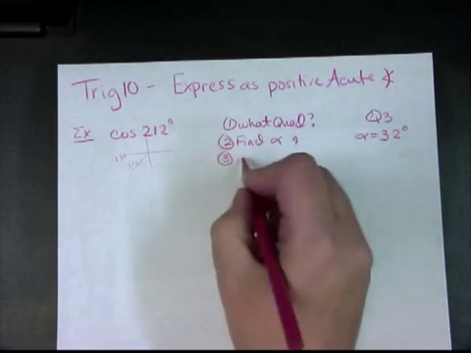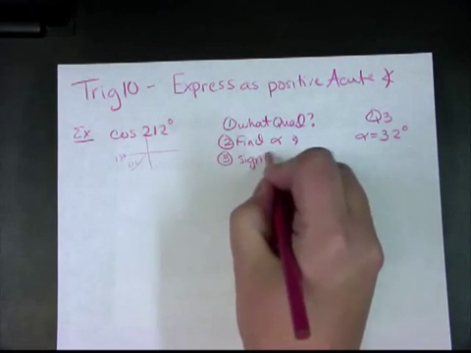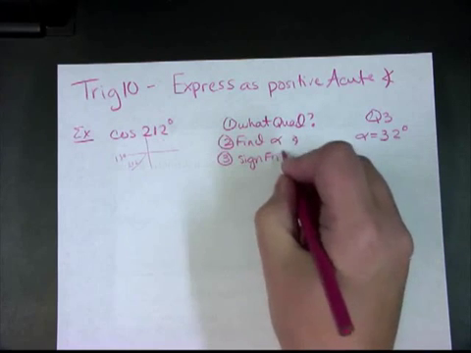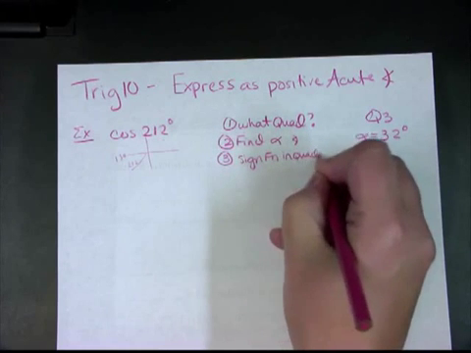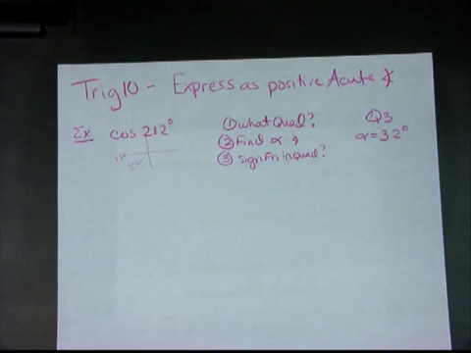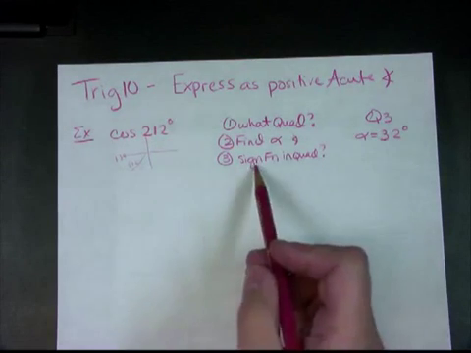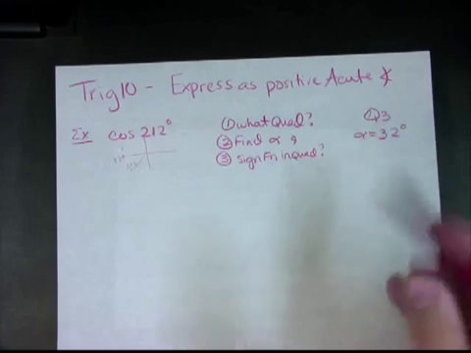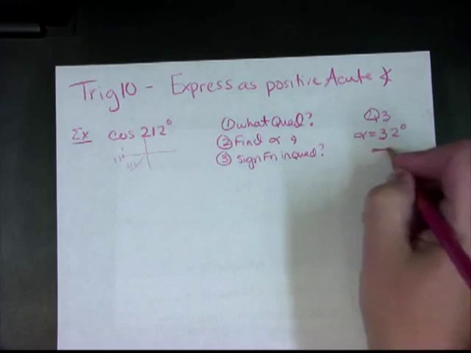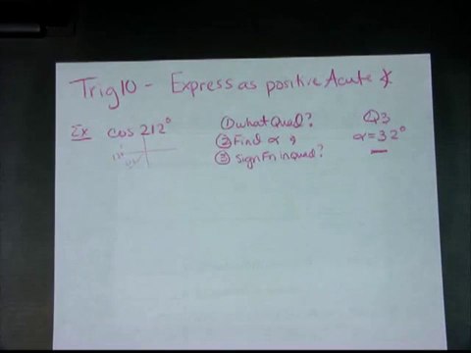Question number 3: what's the sign of the function in that quadrant? When I look at cosine in quadrant 3, I know it's negative because the x values are negative in quadrant 3.